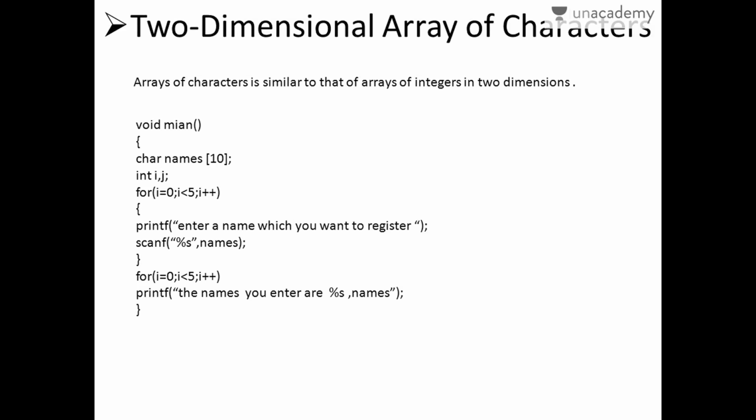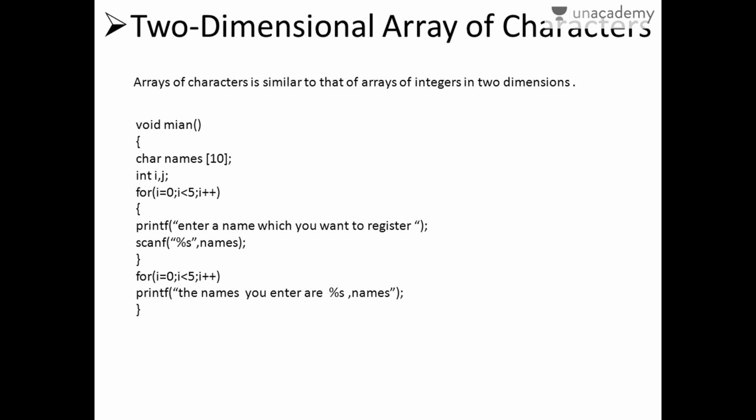When I come to two-dimensional arrays of characters, previously we discussed two-dimensional arrays of integers. In that case, we gave integers in matrix patterns, like 4 by 2 or 2 by 2 or anything else.